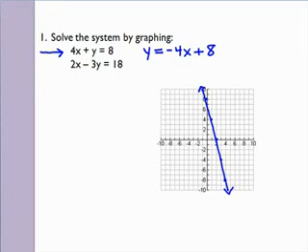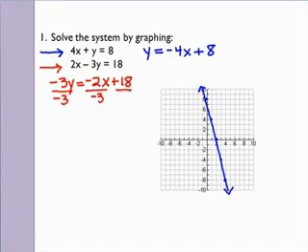So the next one's going to take a little bit more manipulation. So I'm going to start with negative 3y equals negative 2x plus 18. So I move that 2x over, and I'm going to divide everywhere by negative 3. So y is equal to 2/3 x minus 6.